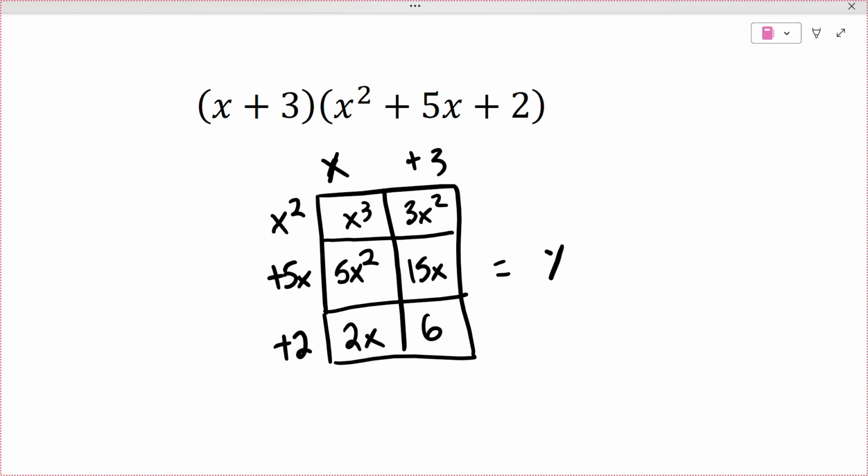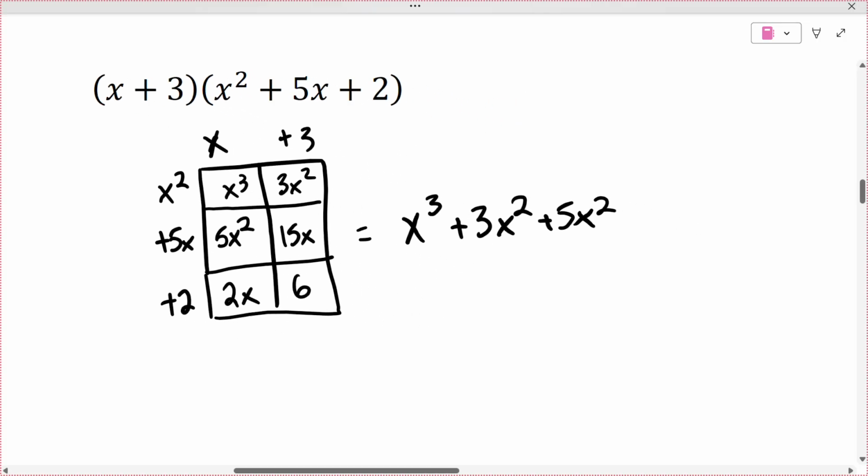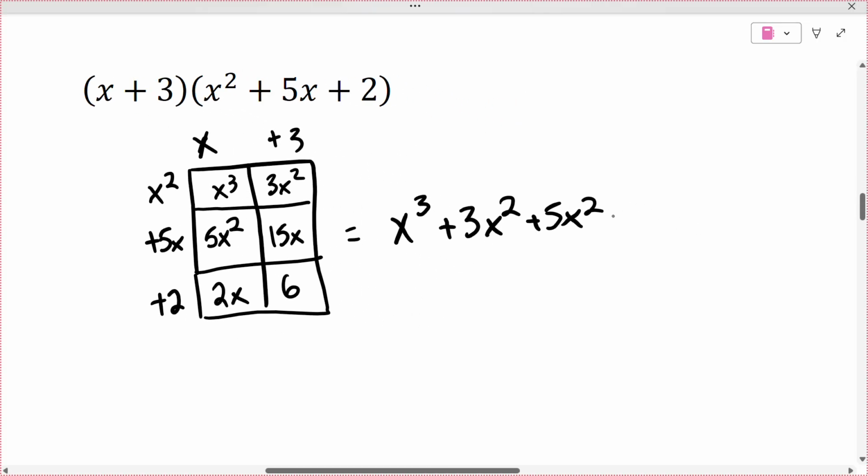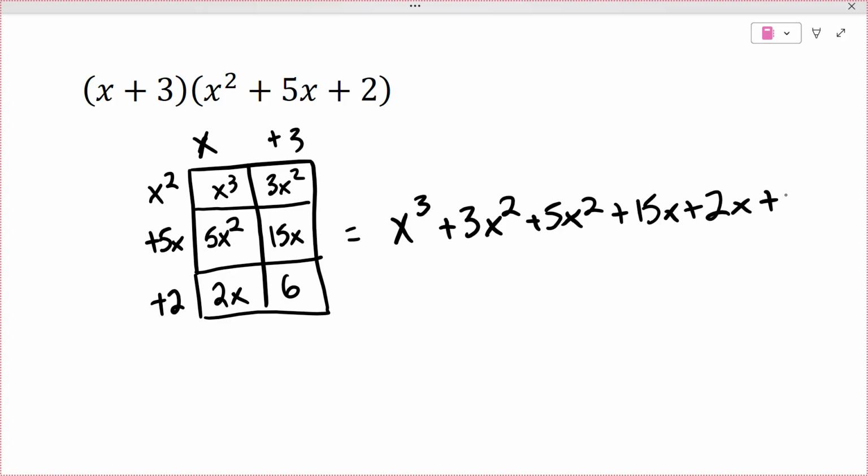I'll then write this all out. Sometimes it's also not a bad idea to cross off the boxes as you do them, just to make sure that you didn't leave anything back in your square. I guess in this case a rectangle.